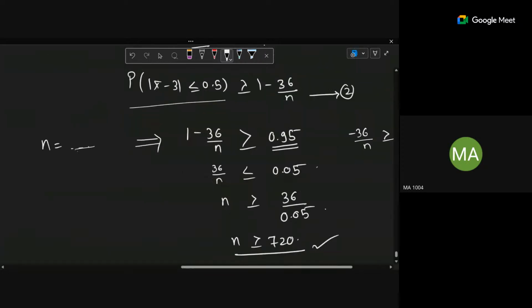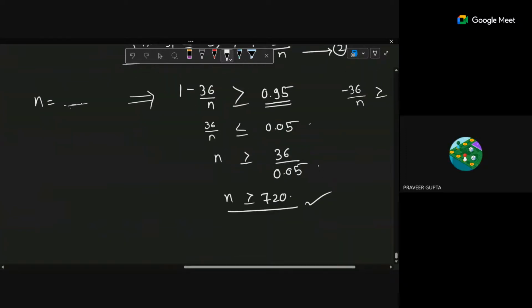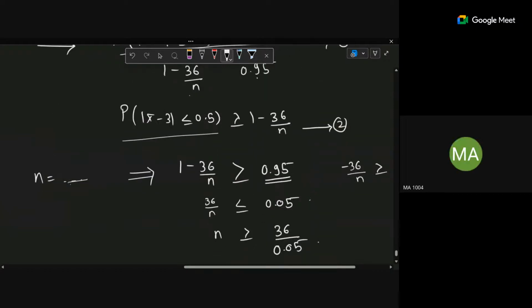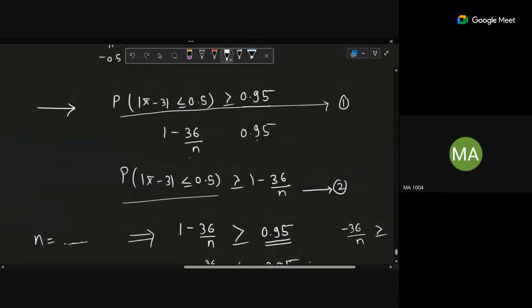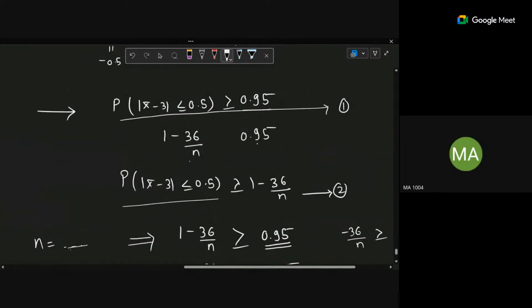Okay. Ma'am, I didn't understand. Oh. So let's say you have two probabilities, right? Probability that x bar minus 3 is less or equal to 0.5. For this probability, for this one and for this one, you have two bounds. This is bound 1 and this is bound 2. Both are lower bounds for your given probability.